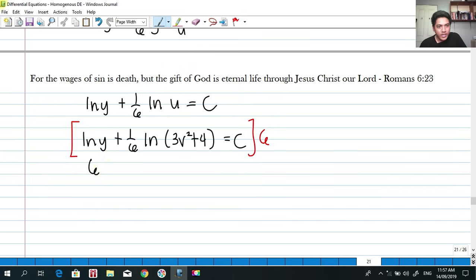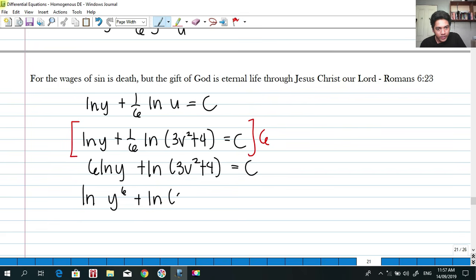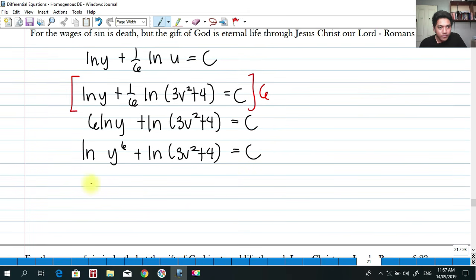So we have 6 ln y plus ln of (3v squared plus 4) equals c. By properties of the natural logarithm, we rewrite 6 ln y as ln y raised to 6, and combine to get ln of y raised to 6 times (3v squared plus 4) equals c.